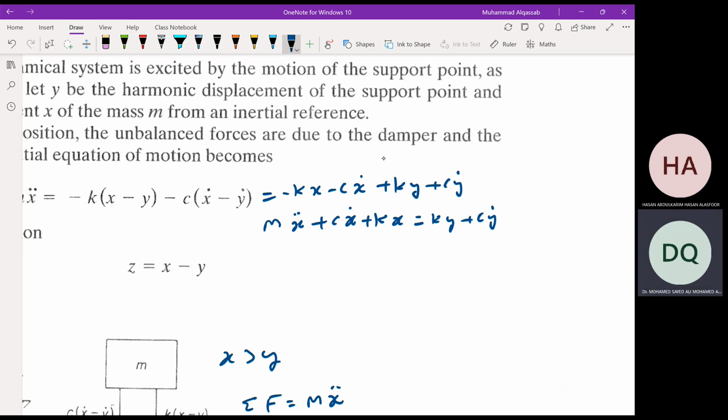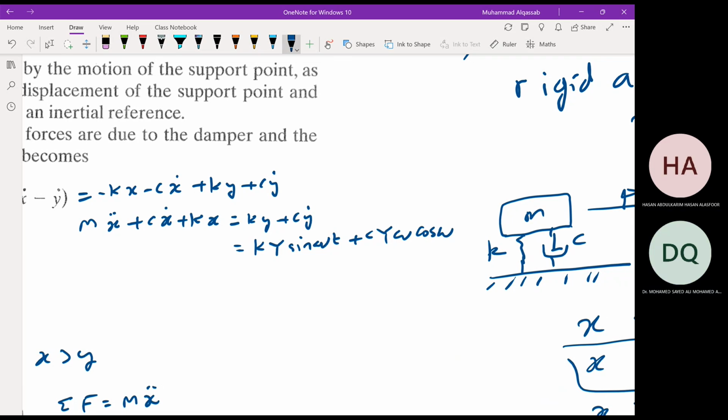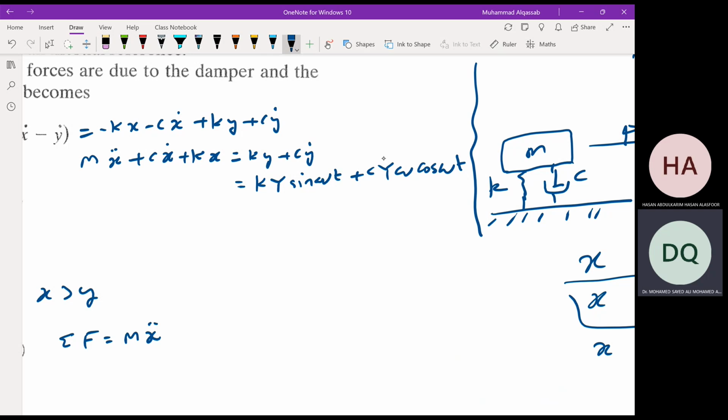And if this is sinusoidal, this will be k times capital Y sine omega t plus c times capital Y times omega cosine omega t. To find x, you can use the principle of superposition. You find the solution due to only the sine term and call it x1, then the solution due to the cosine term only and call it x2, and then add them together. This is one approach, but it is very lengthy.